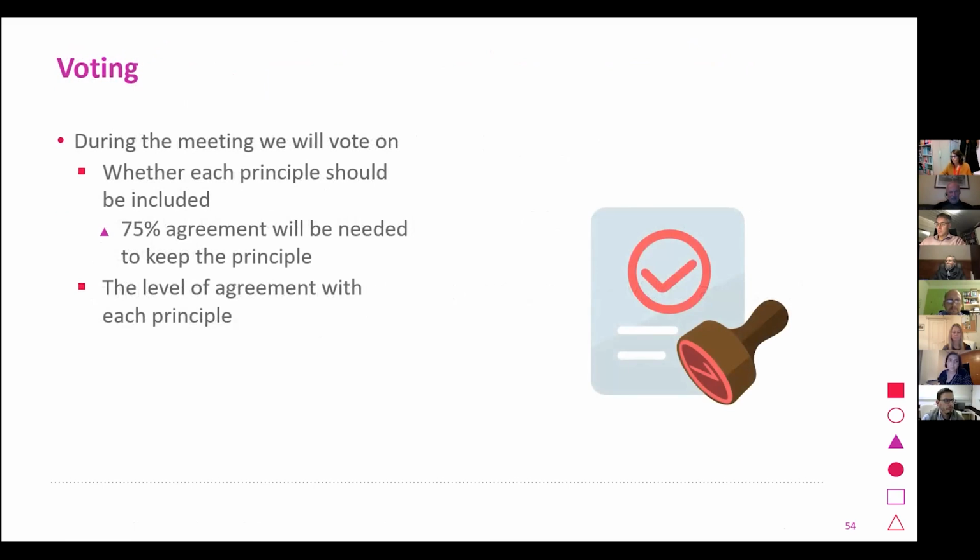As Chris already said, we will have this voting, and for the principles, whenever we have 75% agreement, we say, okay, there is an agreement. And the second part that everybody has to vote for is the level of agreement with each of these principles.